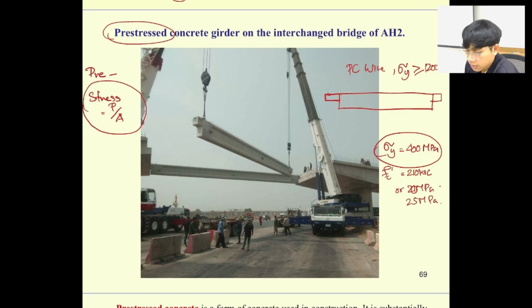So it's lower than, it's normal for house construction, but for the precast, we need to use a really high f'c. It can be larger or equal to 40 MPa, almost 2 times.